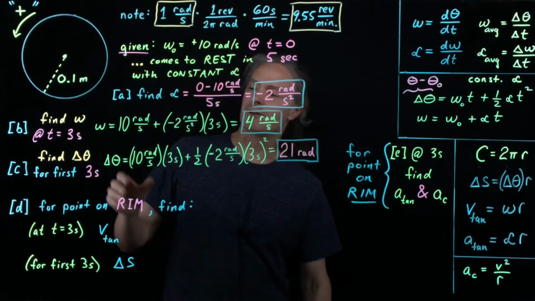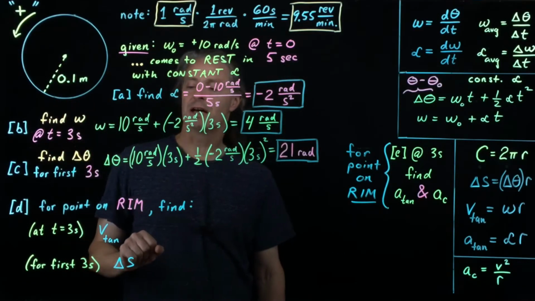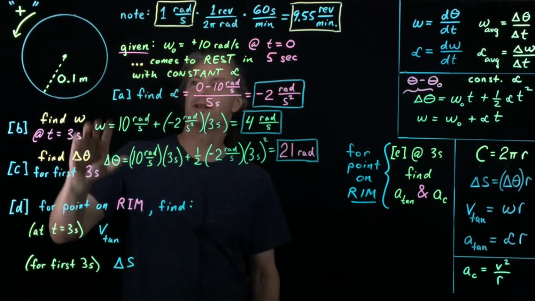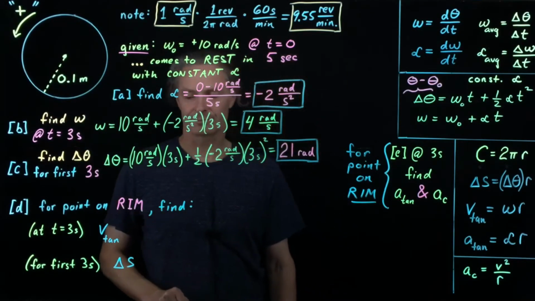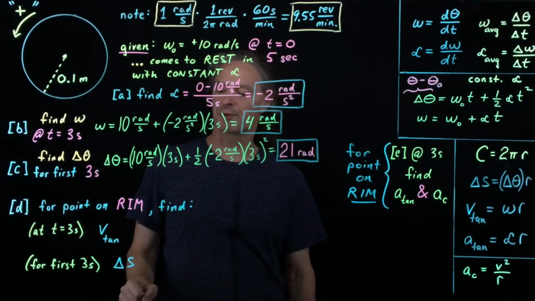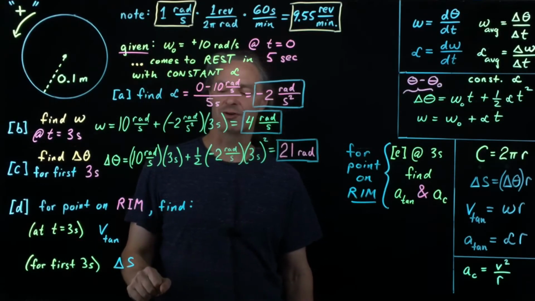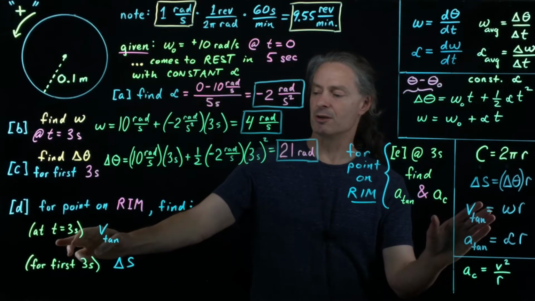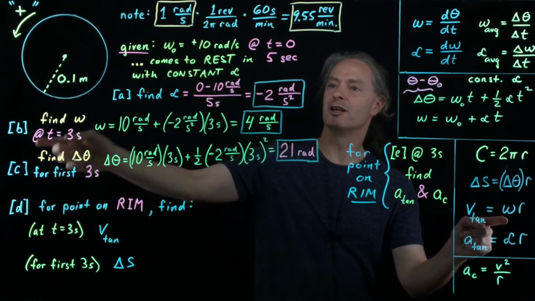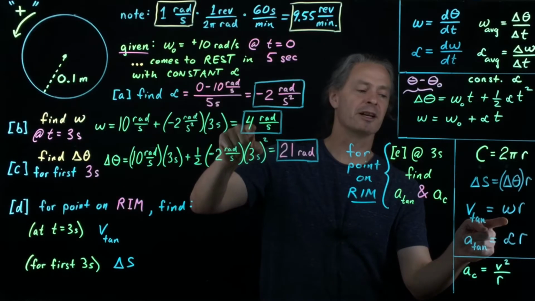All right, so we've found some angular quantities. Now we want to find some tangential quantities for a point on the rim of this disk. So first, at time t equals 3 seconds, we want to find the tangential velocity. We can use this expression here. So at time t equals 3 seconds, we have an angular velocity of 4 radians per second.